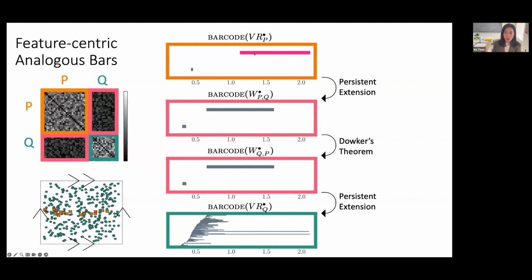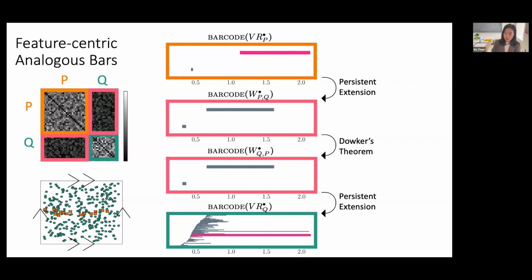So here we're highlighting the one circular feature among the P's. We use this persistent extension method to find how that bar is manifested in the witness barcode. We then use Dowker's theorem to find this representation in the dual complex and the dual witness complex. And then we use persistent extension again to find this representation in the very bottom barcode.